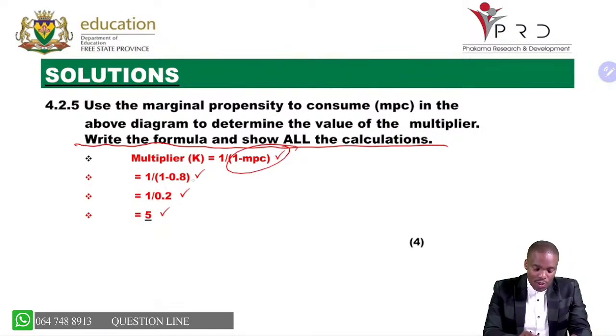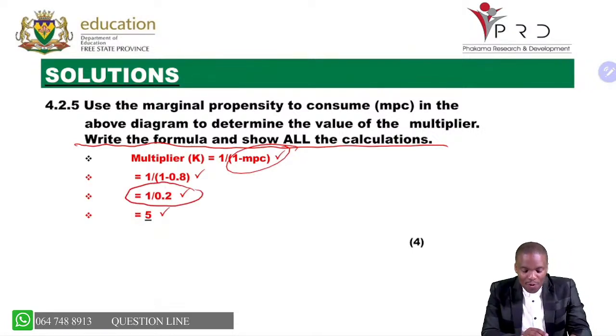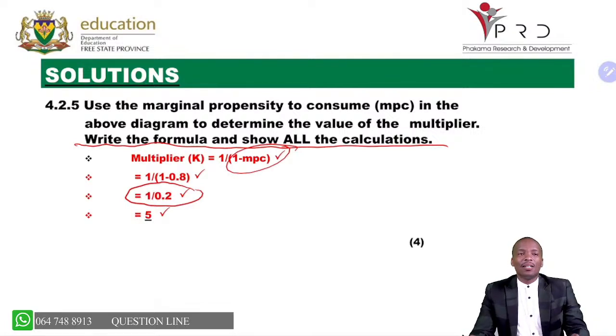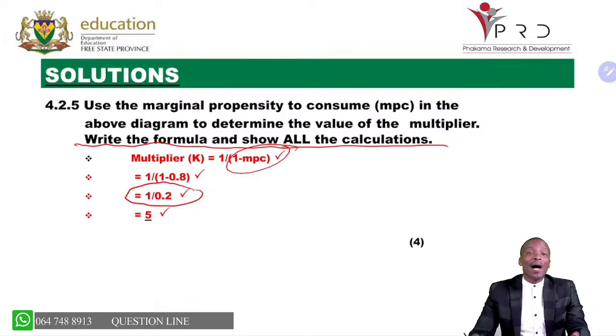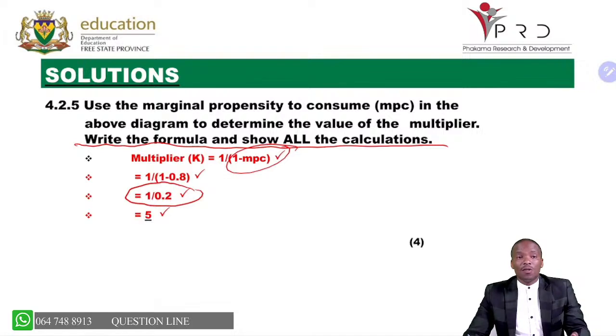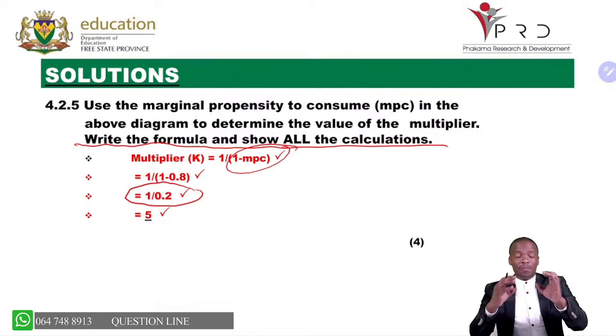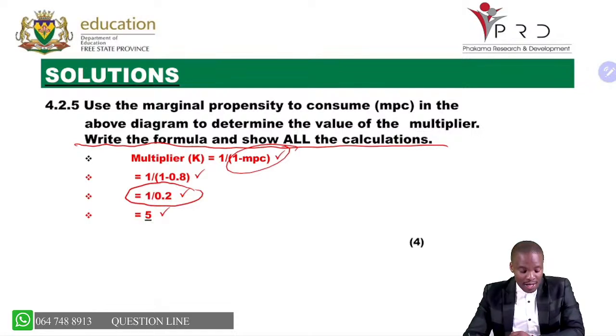Then they skip the substitution step because they are punching everything into a calculator, and it gives the correct answer of 5. That answer will give you the mark, but it means you would have lost 2 marks along the process. So ensure that you substitute. After substitution, you solve, and then you find your final answer at the end of the day.